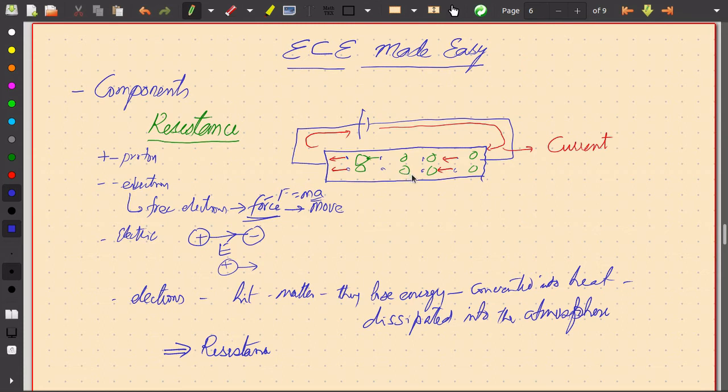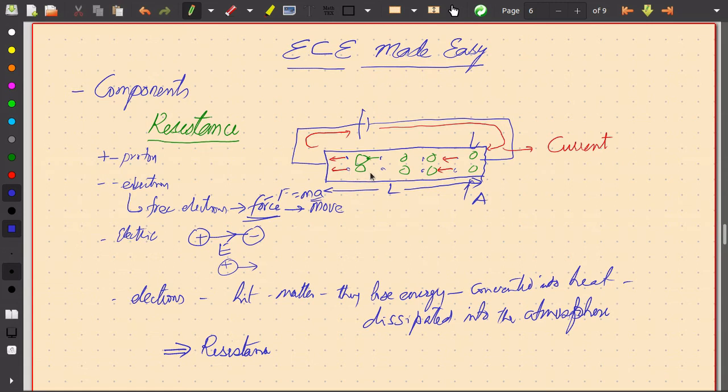If it is an insulator, resistance will be very, very high. And even with the conductor or insulator, the overall resistance depends on other parameters like how long this material is, and what is its cross sectional area, and so on.